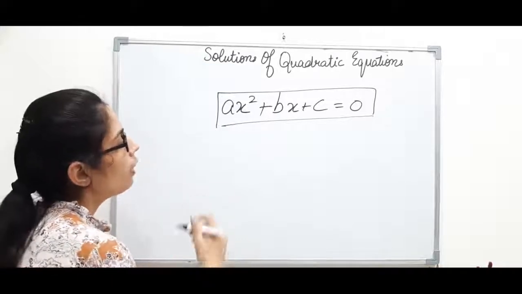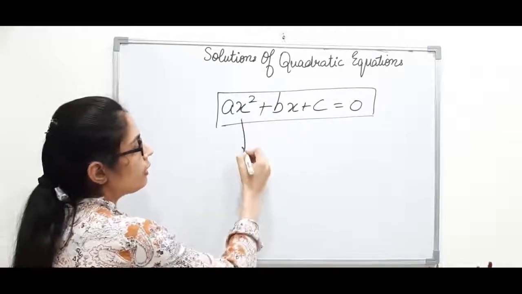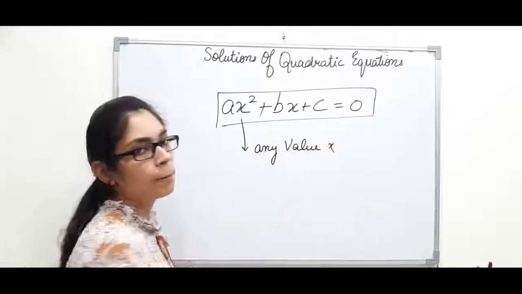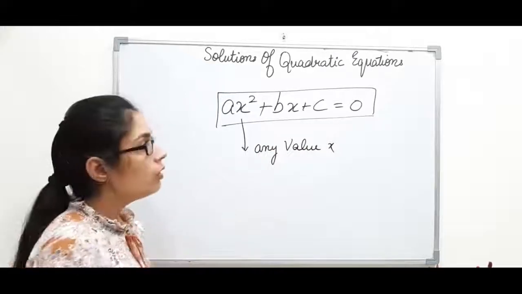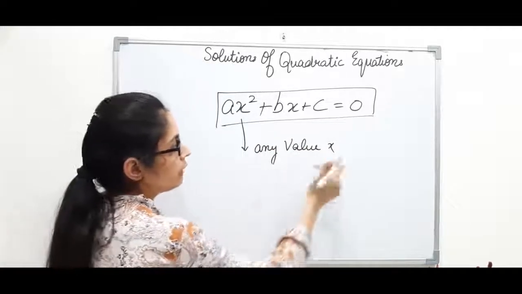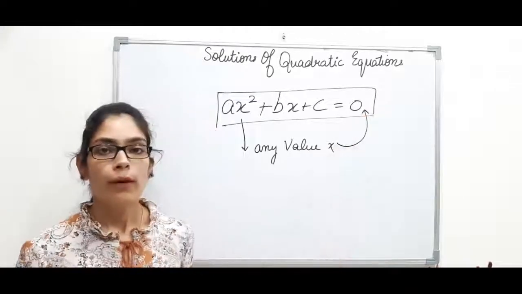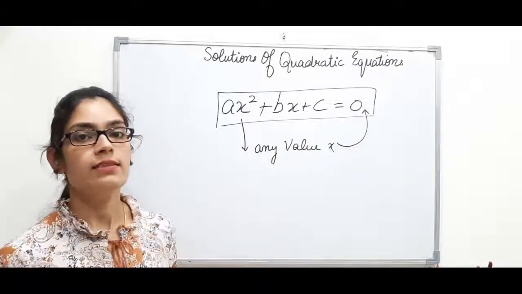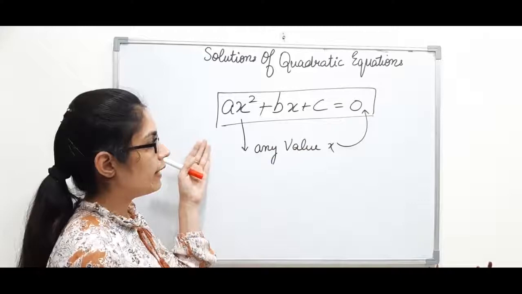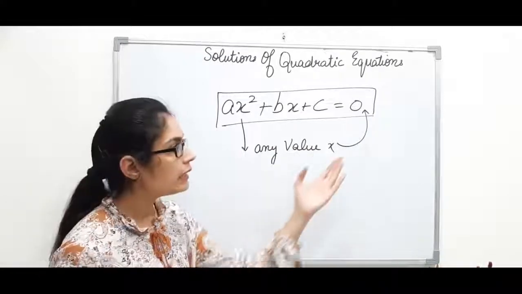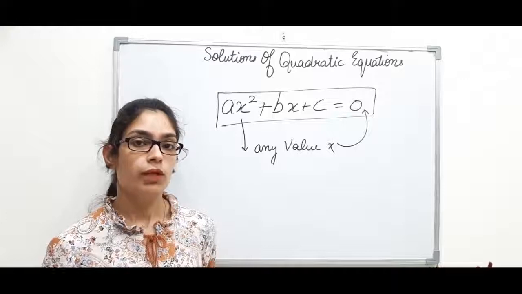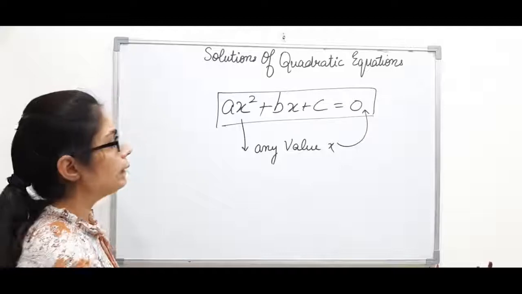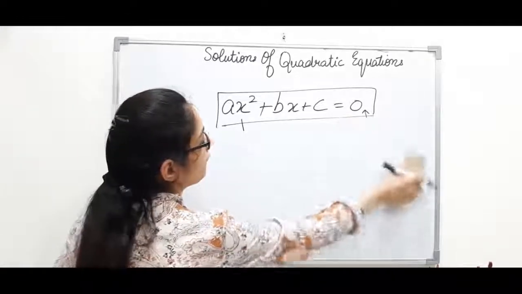So now if you put any value of x, for example 1, 2, 3, any value, so that for that value of x the left side becomes equal to the right hand side, and we can see the right hand side of our equation is 0. So that value of x for which our equation becomes equal to the right hand side will be the solution of the quadratic equation. So let's take one example and try to understand it in a better way.